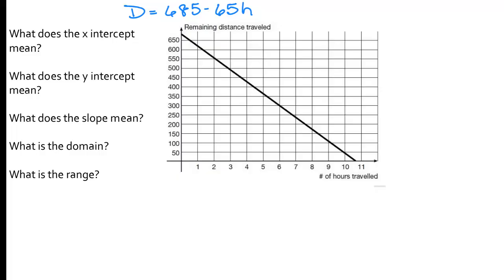What has to happen for the x-intercept? Y is going to be 0, correct? So where do I have that?